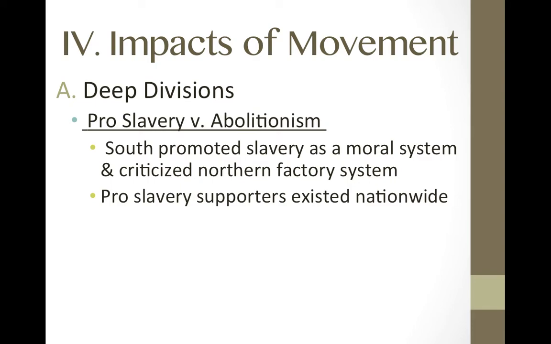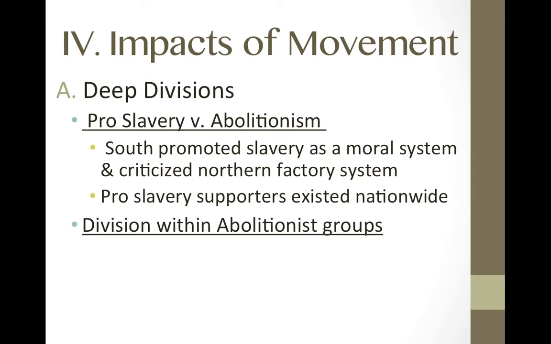A mob seized William Lloyd Garrison in Boston and threatened to hang him in 1835. So we're starting to see, as the abolitionist stance solidifies, so does the pro-slavery stance. And you can start to see conflict and division between these two groups.